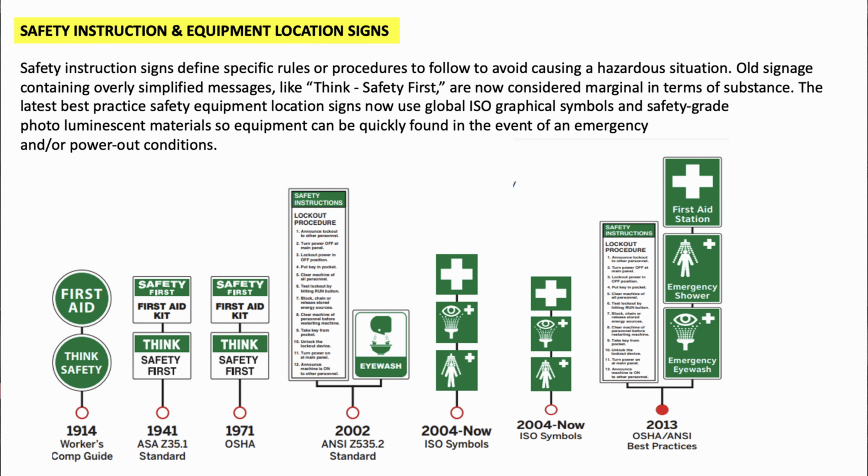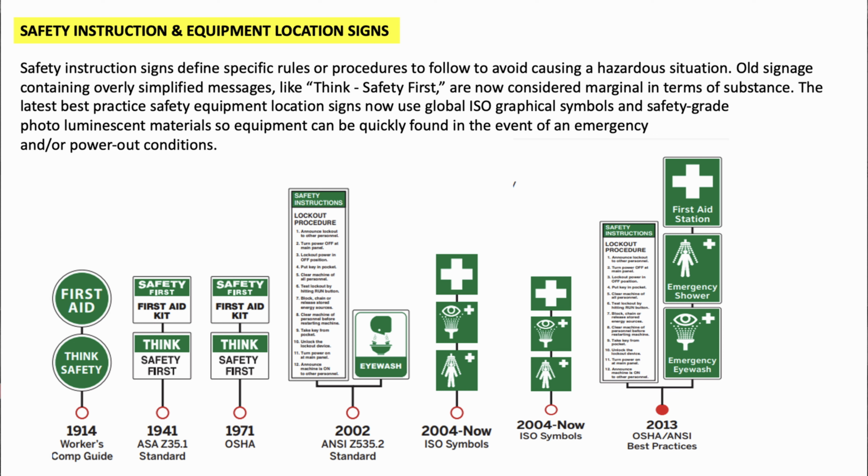If we talk about safety instruction or equipment location signages, how the revolution has come around in the safety instruction signages or the equipment location sign. In 1914, this is how the signages used to look. In 1941, according to the Z535 standard, the signages were modified. In 1971, according to OSHA, new formats came and the signages were amended.